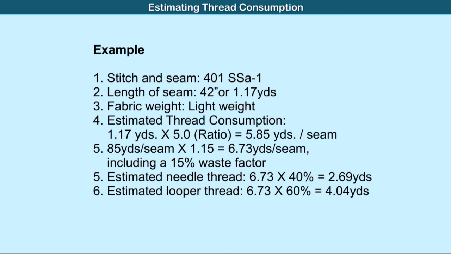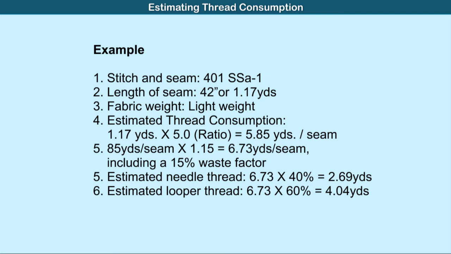The estimated total consumption ratio will be between 3 to 4, depending on the thickness of the fabric and the SPI of the stitches, where needle thread will be 50% and bobbin or bottom thread will be 50%, because loop formation happens in the center and both sides look the same.